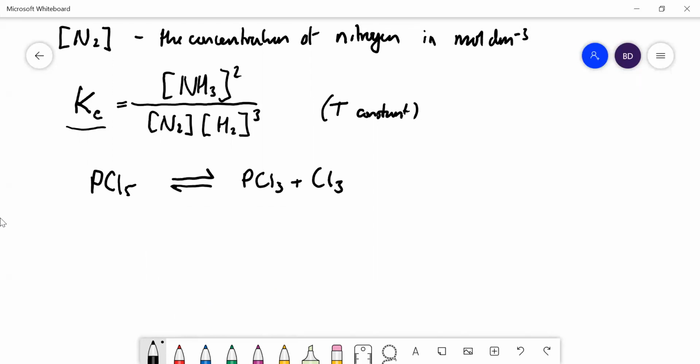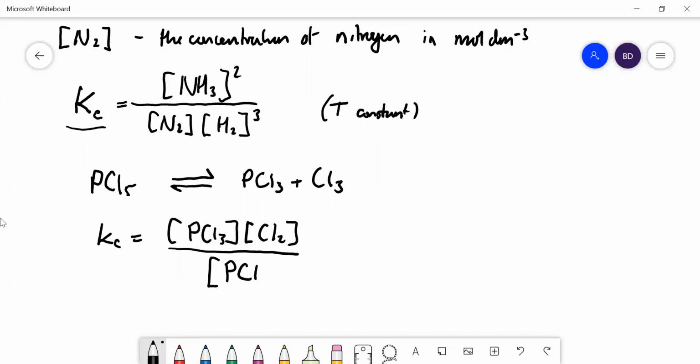Well, Kc for that reaction, the stoichiometric coefficients, the big numbers in front, are 1, aren't they, in that case? So Kc for that would be the concentration of PCl3 times the concentration of Cl2 divided by the concentration of the reactant, PCl5.